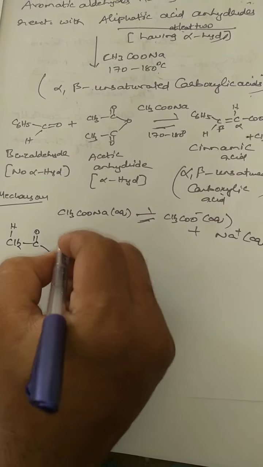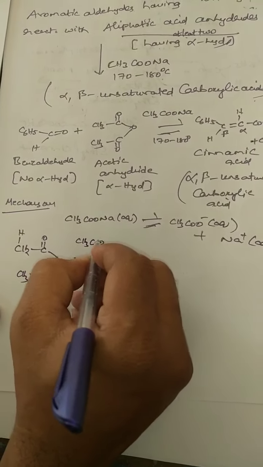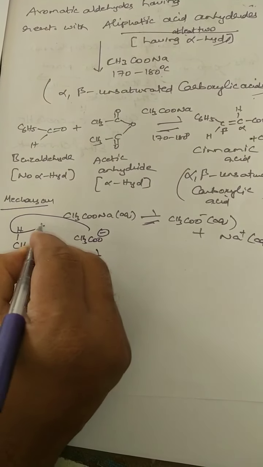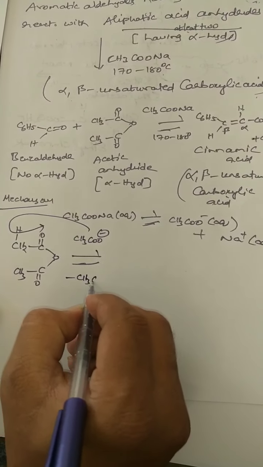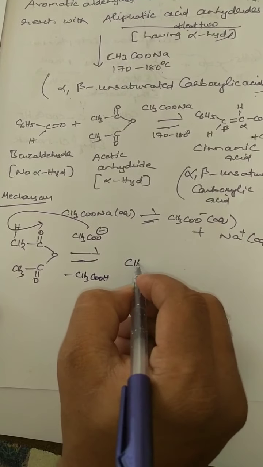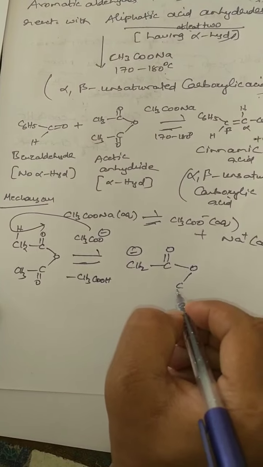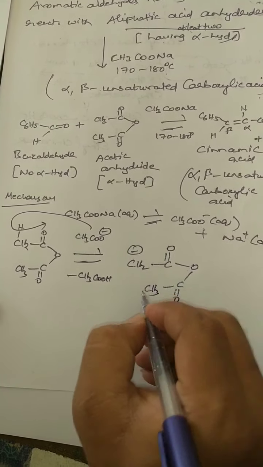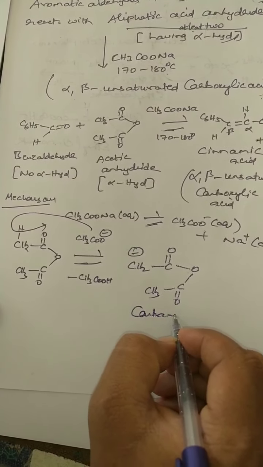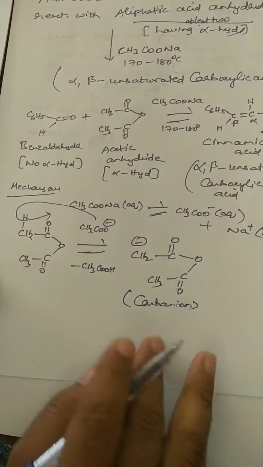In the presence of base, it acts as a weak base. It abstracts this hydrogen, so acetic acid is eliminated. What is generated as an intermediate in the Perkin reaction? A carbanion is generated.